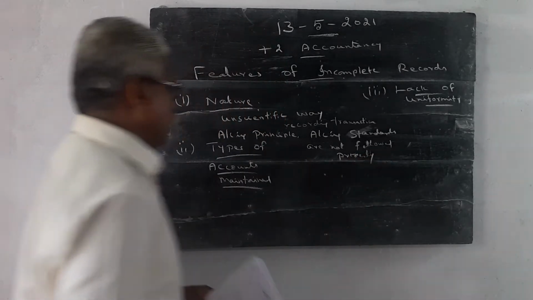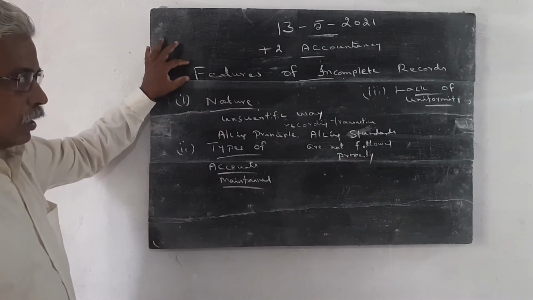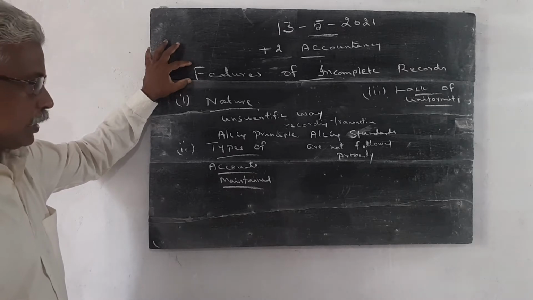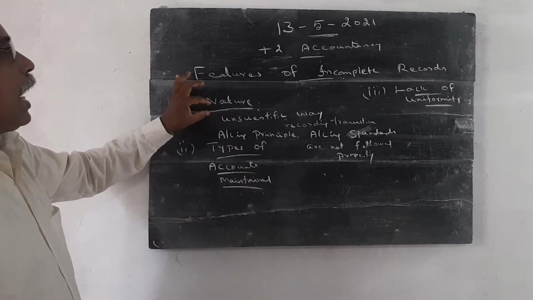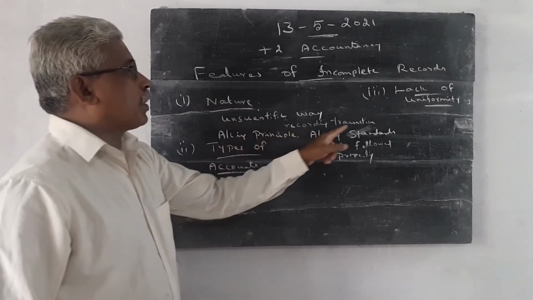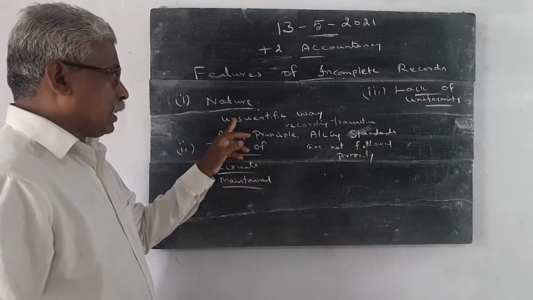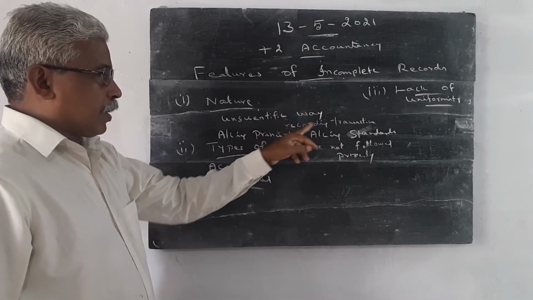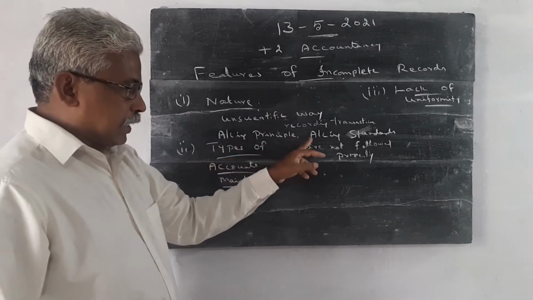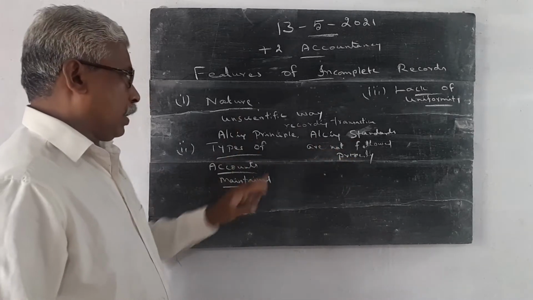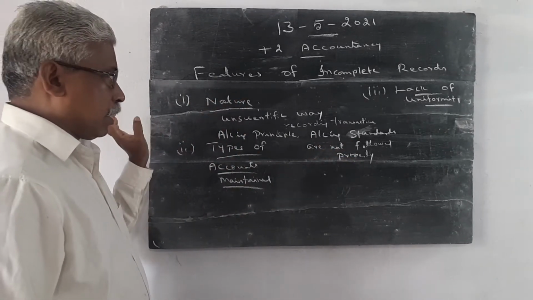This is the first point. Once again, features of incomplete records, 3-mark question. Nature. Incomplete records is an unscientific way of recording transactions. The accounting principles and accounting standards are not followed properly. That is the first feature of incomplete records.